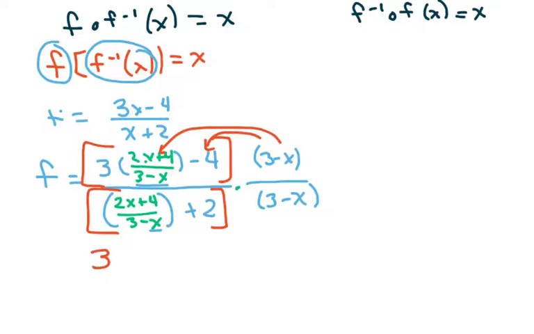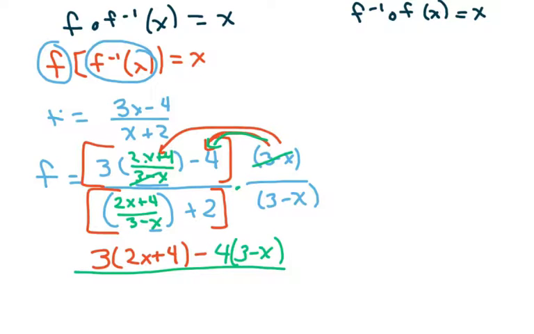So I'm just going to get 3 times 2x plus 4. When I distribute to the second piece, that's going to be minus 4 times 3 minus x. What we did is we cleared the fraction in the numerator. The same thing's going to happen in the denominator. This is going to cancel here, so we just get 2x plus 4 plus 2, and you distribute here, you get 3 minus x. In this case, this part canceled, but here we have to multiply.